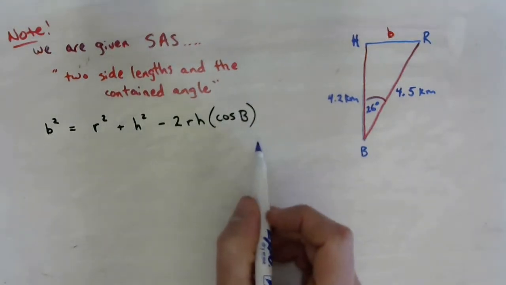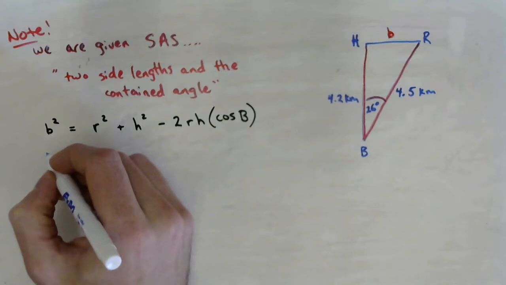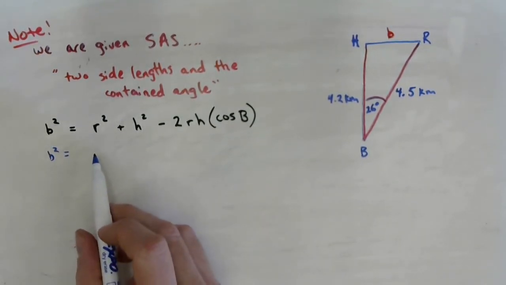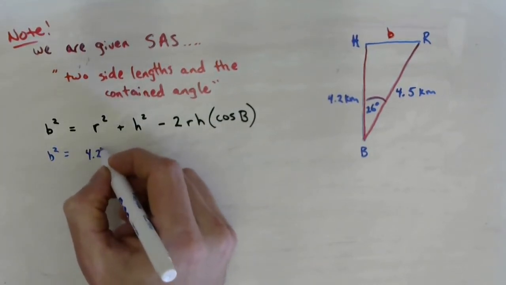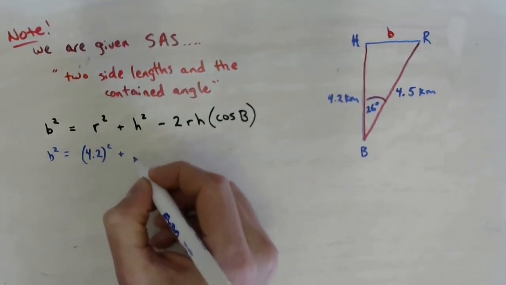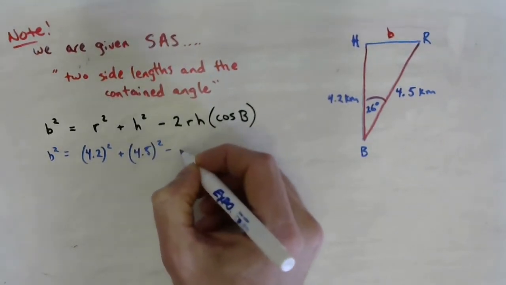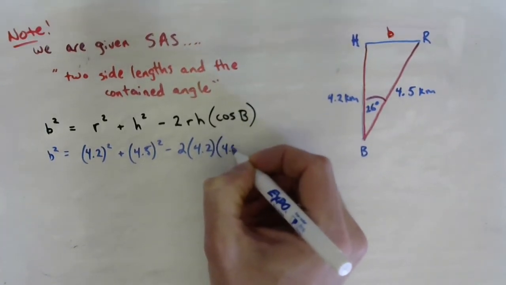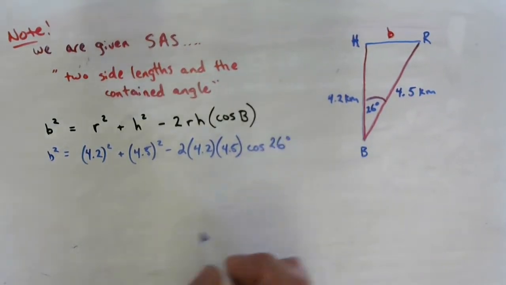That's just the cosine law, general form, using the letters in my diagram. So, fill in what we know. We know every other piece of information on the right side. R is 4.2, make sure I square it. H is 4.5, make sure I square it. Then I have 2 times 4.2 times 4.5 times the cosine of a 26-degree angle.